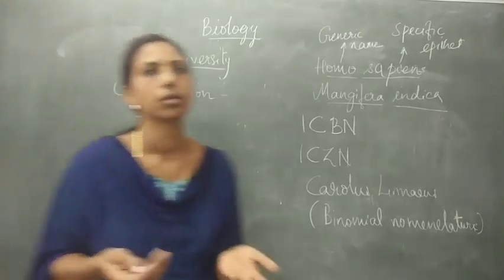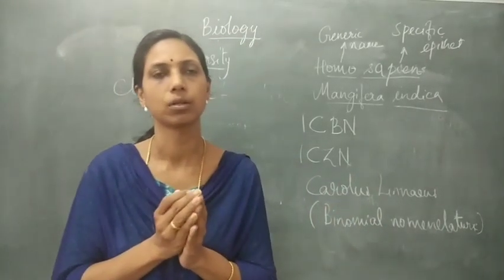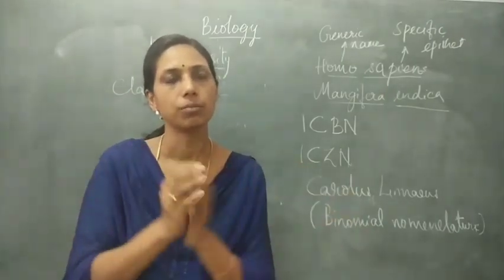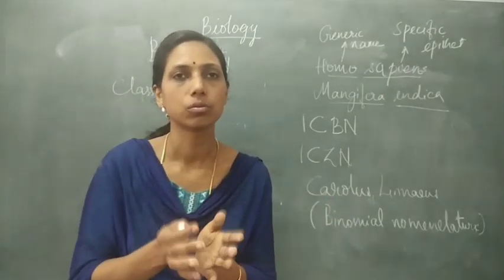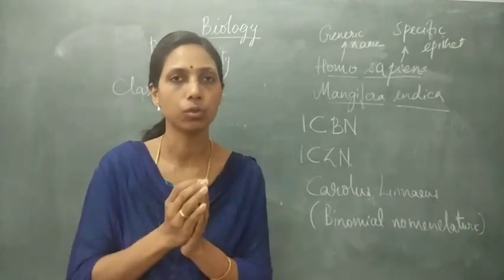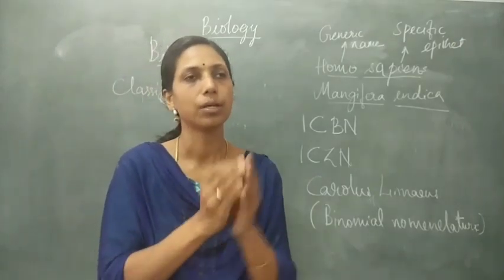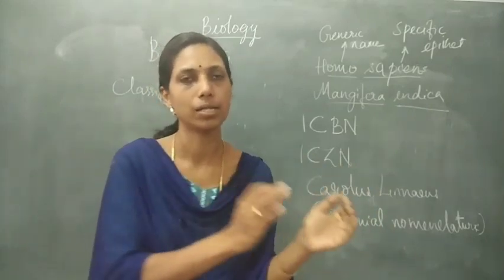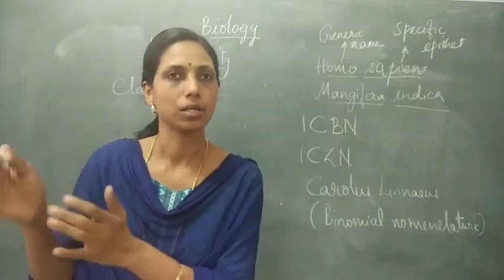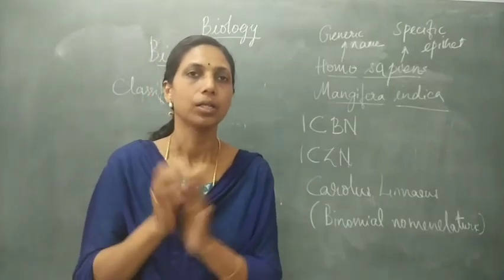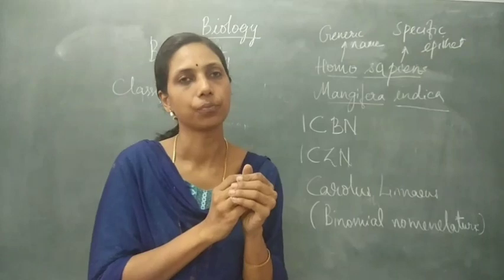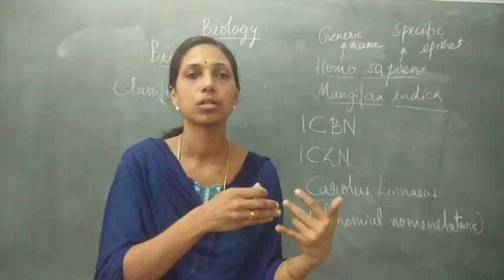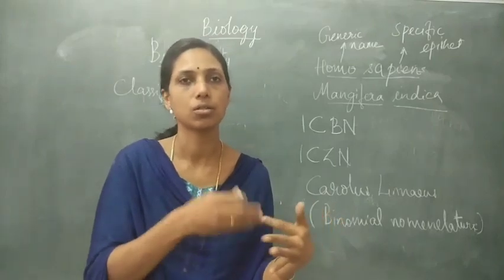Suppose we are given many plants and a few animals in a mixed way, and you are asked to classify them. First you will classify them separately as plants and animals, putting all the plants under plants and all the animals under the animals category. Then within the plants, you may be given the names of certain fruits or vegetables or cereals or grains.